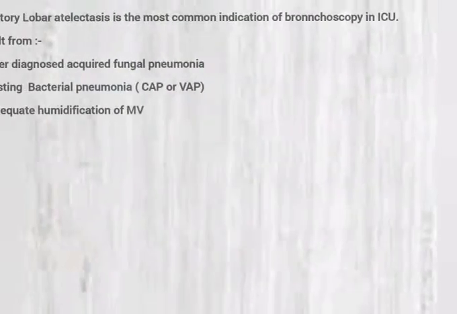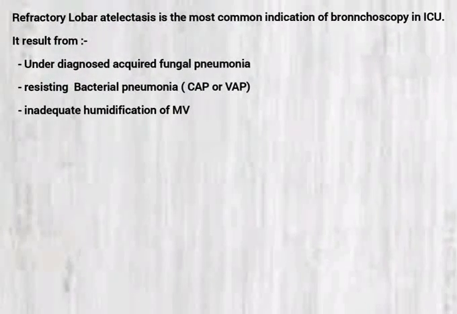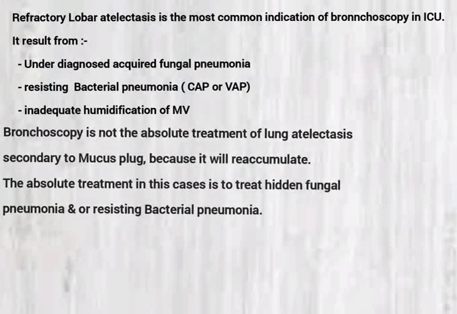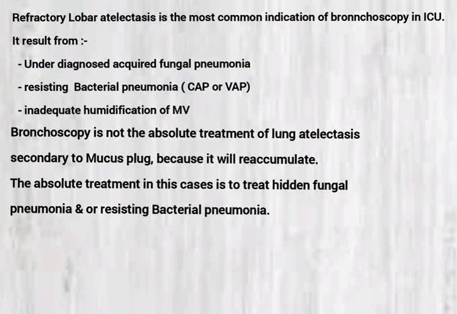Refractory lobar atelectasis is the most common indication for bronchoscopy in the ICU. It results from underdiagnosed acquired fungal pneumonia or resistant bacterial pneumonia, that is community acquired pneumonia or ventilator associated pneumonia, and inadequate humidification of the mechanically ventilated patient. Bronchoscopy is not the definitive treatment of lung atelectasis secondary to a mucus plug because it will reaccumulate.